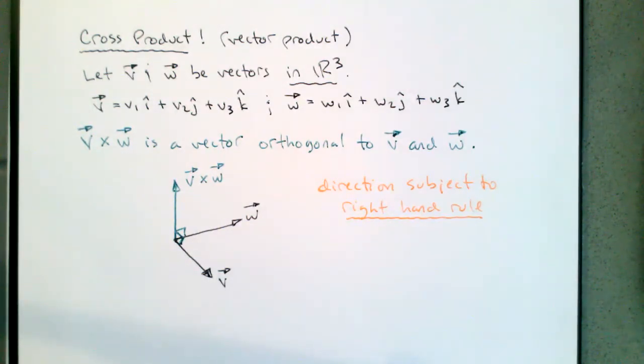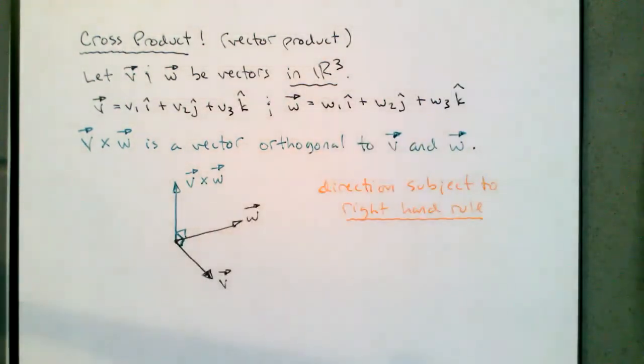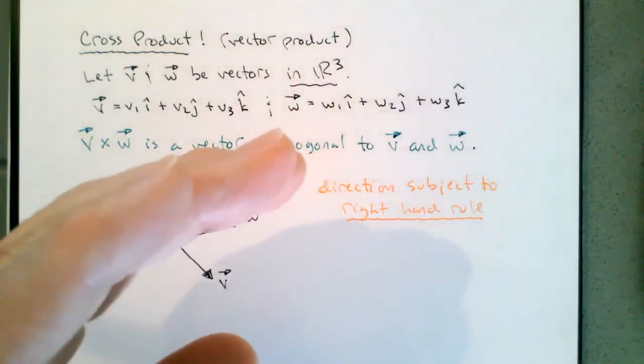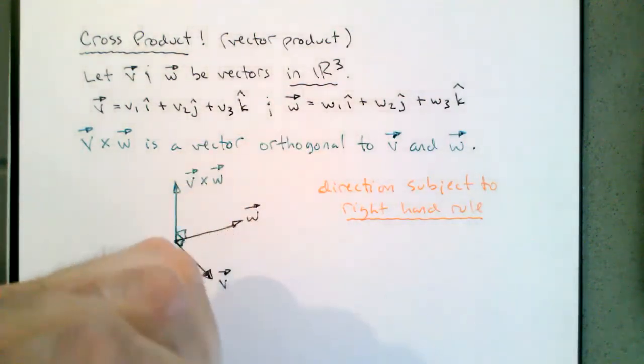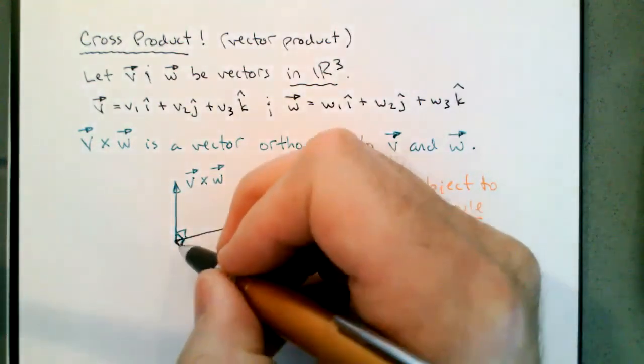If I do V cross W, I have this vector pointing up. If I do W cross V, that's going to be a vector pointing down, because I'll point my fingers in the direction of W, and then I'll curl them towards V, and that'll point down.